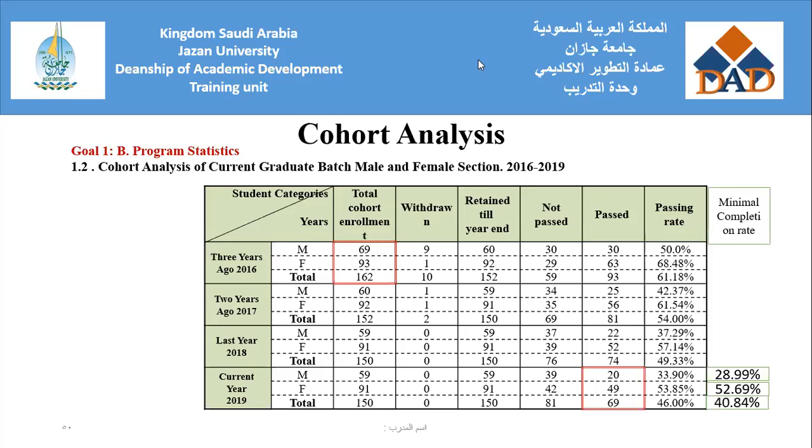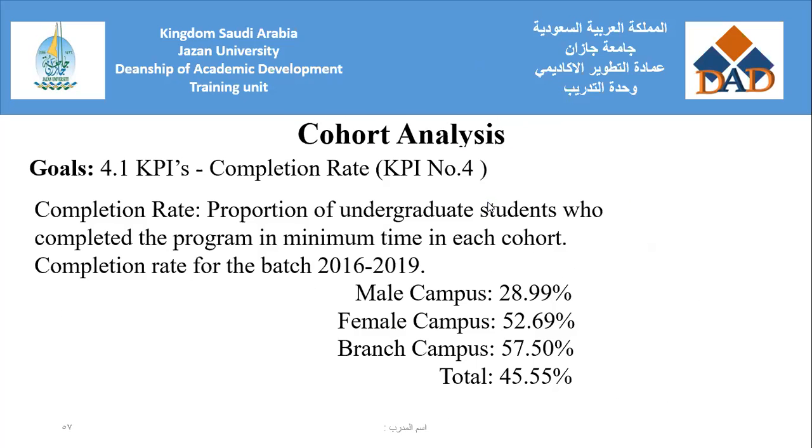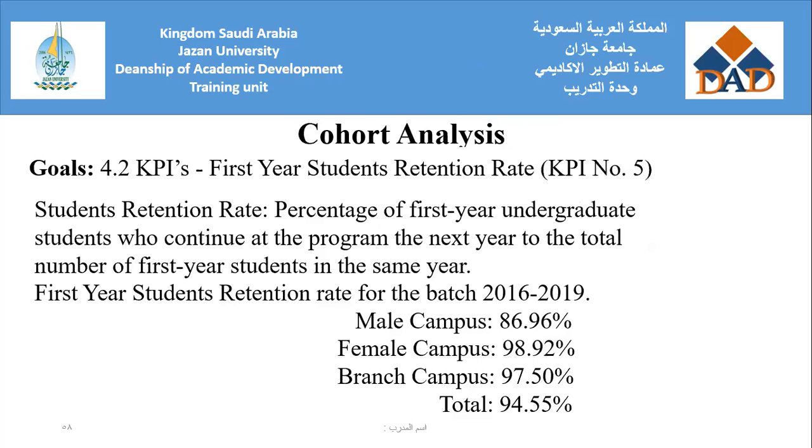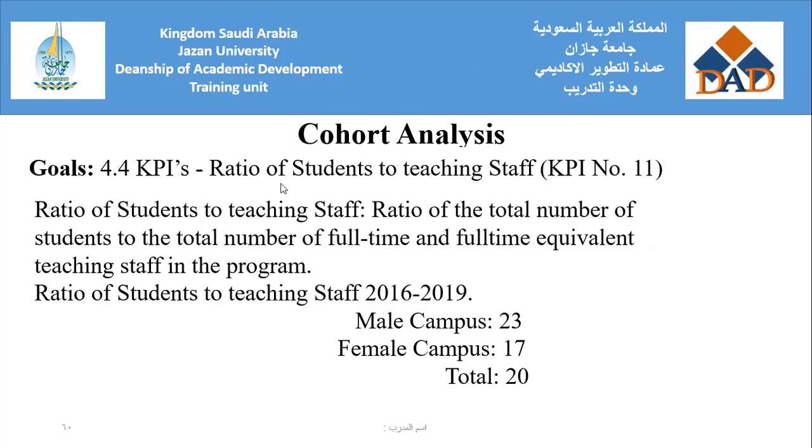Another question: we have different categories of teachers, demonstrators and teaching assistants. When we calculate the KPI, student retention, ratio of students to teaching staff, this is a suggestion given by the NCAAA for calculating the staff-student ratio.